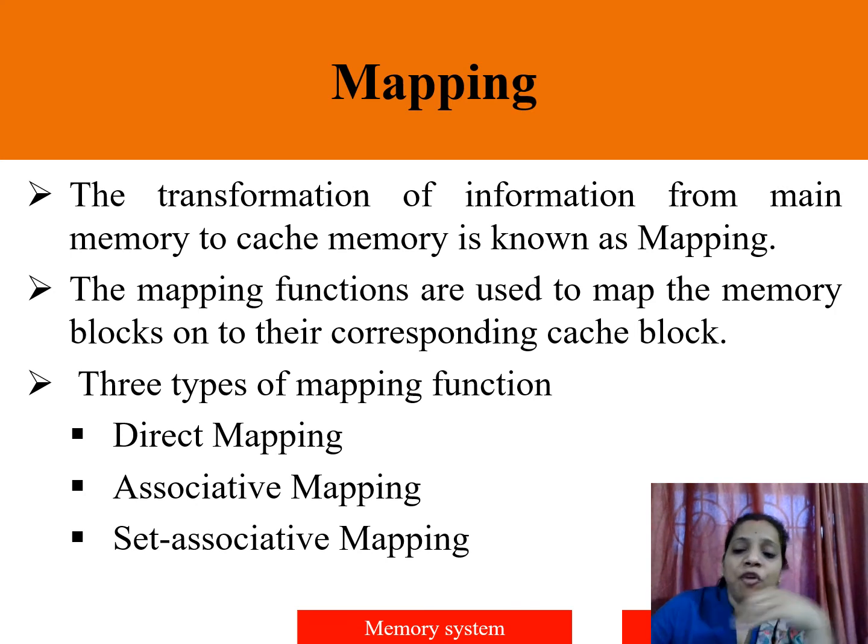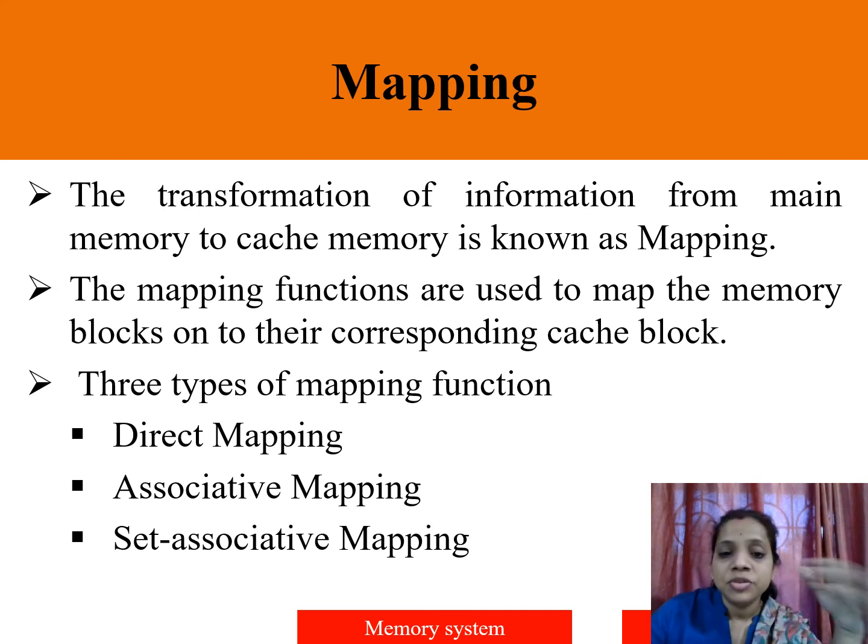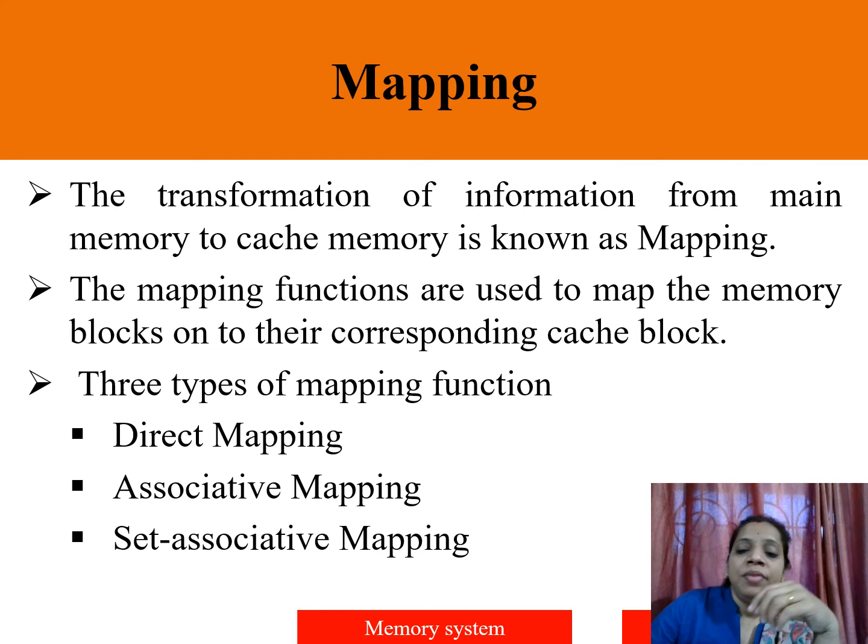That means before mapping, we should have some certain criteria. Coming to the cache memory, the question is: is the cache memory mapped into the main memory? It is not exactly so. The fact is that main memory is to be mapped to the cache memory.